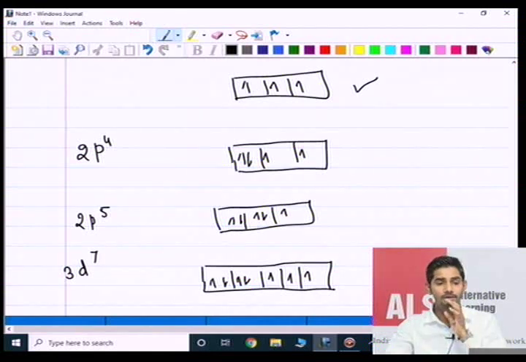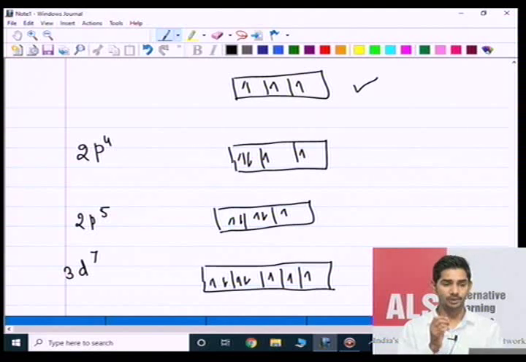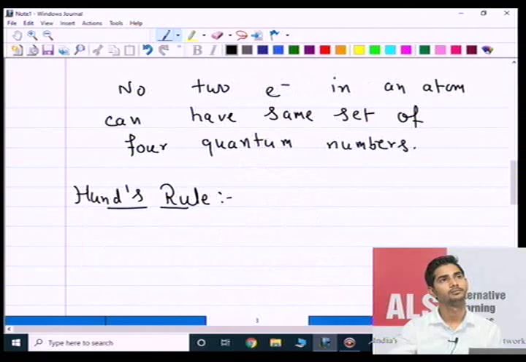After the accommodation of a single electron in every orbital, you can start the pairing. Before that, you cannot start the pairing. Pairing can start only when you have filled every orbital half filled. This is Hund's rule. Is it clear to you? If it is clear to you, then I can write the statement for you. If not, you can tell me. Clear?